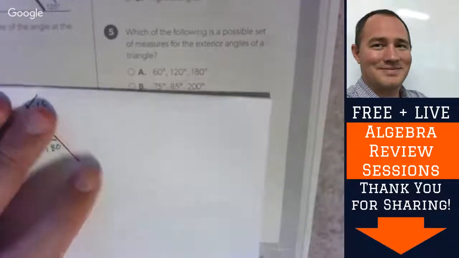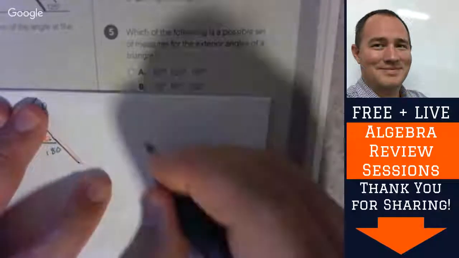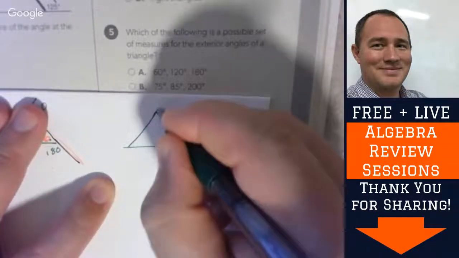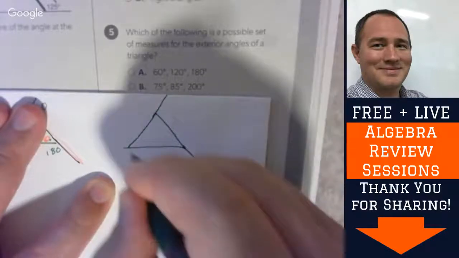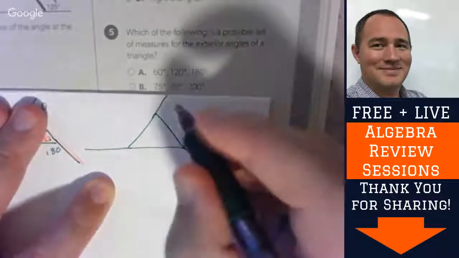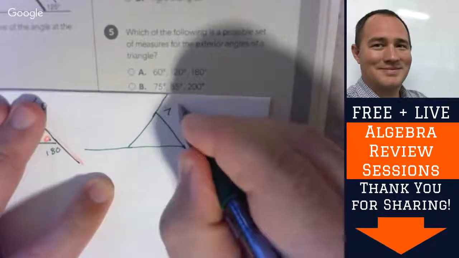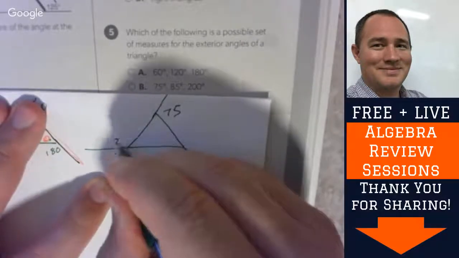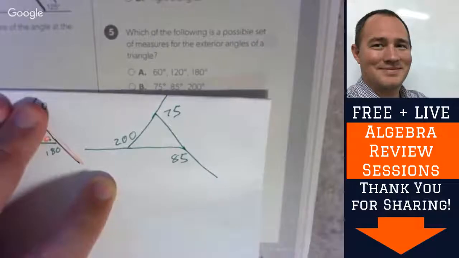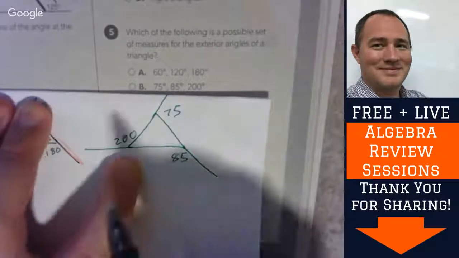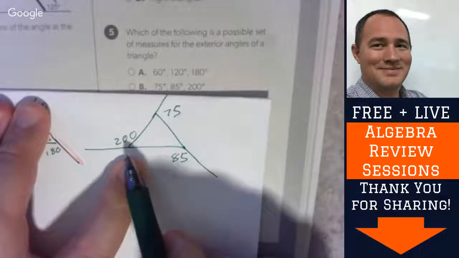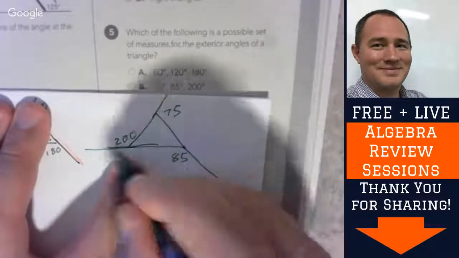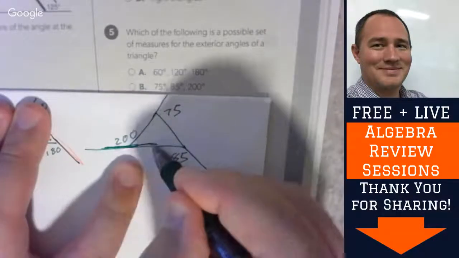How about this one? Let's see if this one makes sense. So 75, 85, and 200. Okay. So right away we see a problem, right? Because a flat line is 180 degrees.